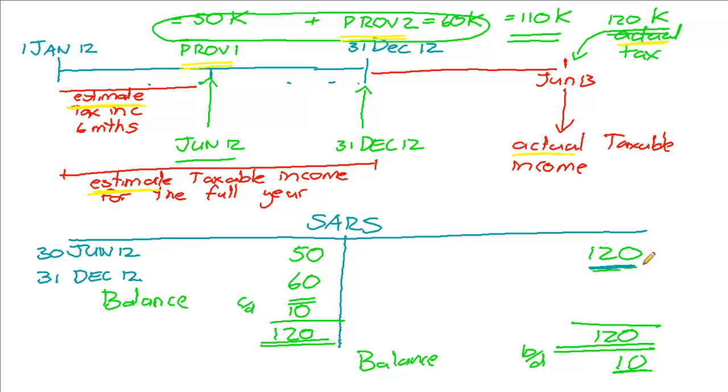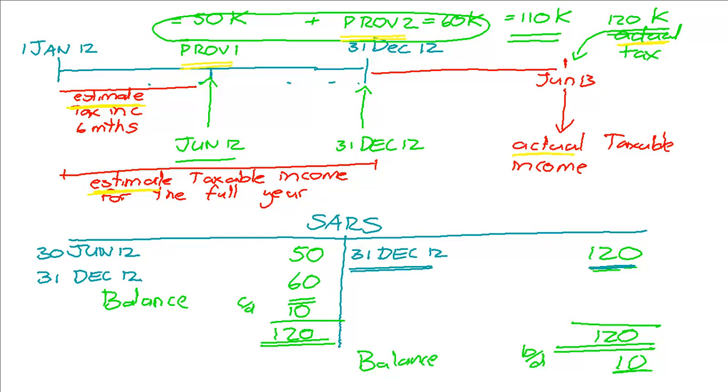This 120,000 that we've determined only in the next year will be backdated so that it forms part of my financial year 1 January to 31 December 2012. So we're going to include this on the 31st of December 2012, even though we only determined it after the year end. Good, that's an important thing to note.